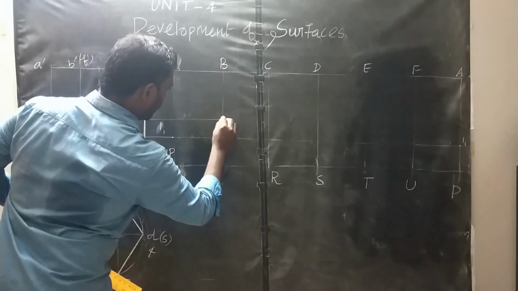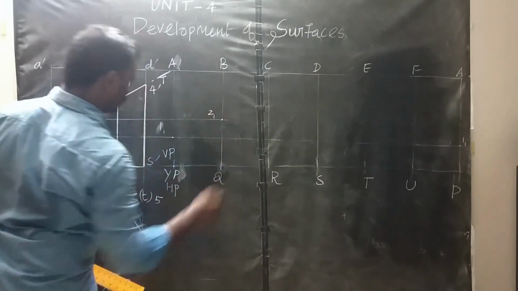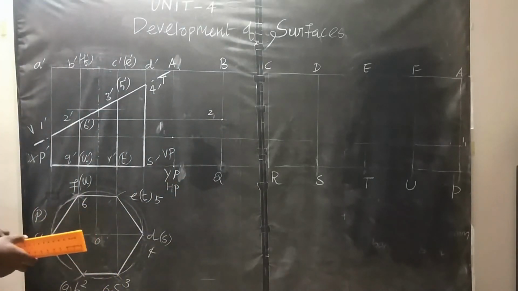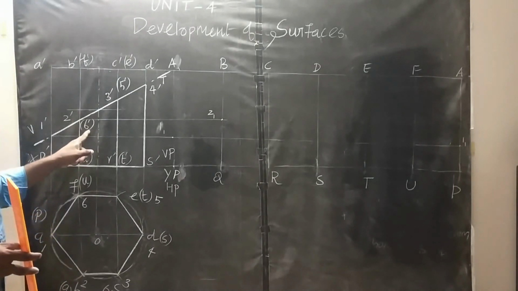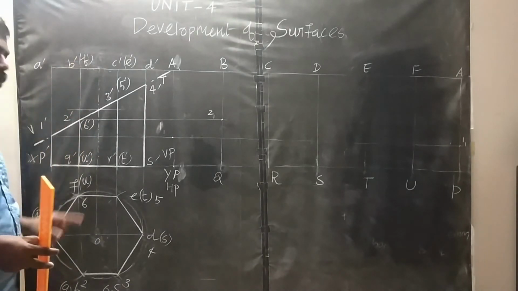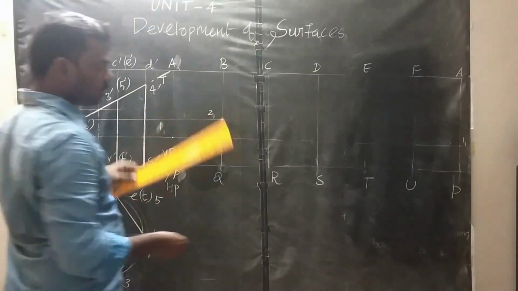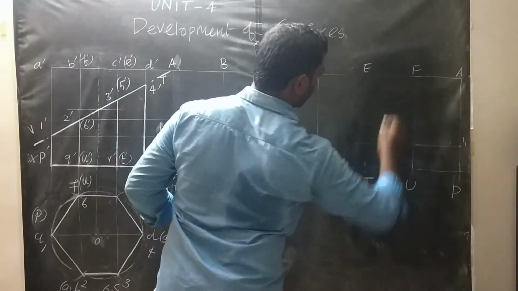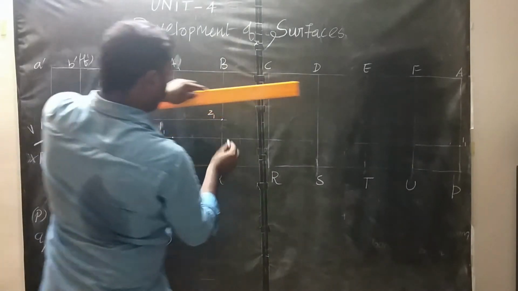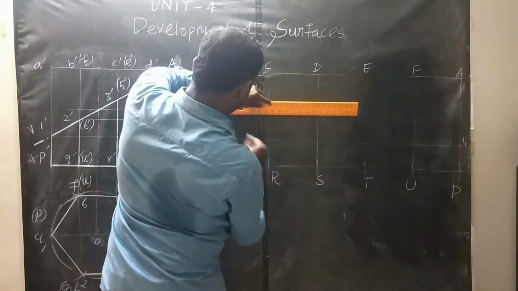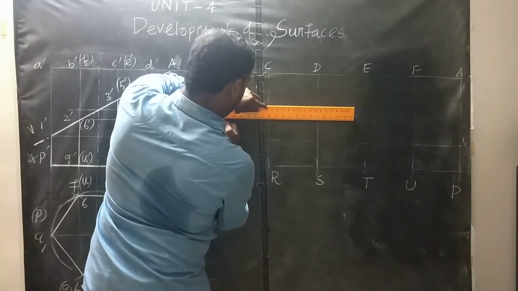Here make one point, that point is called 2 suffix 1. Then point 6 dash on the F dash U dash lateral edges. So project this point up to the corresponding lateral edges.